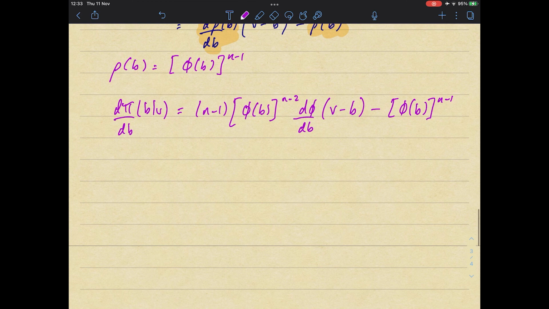Okay, so this is the derivative, and it's 0 when v is equal to phi of b.